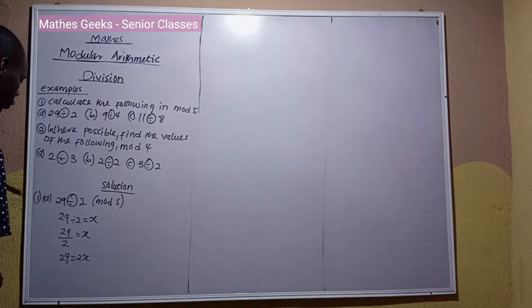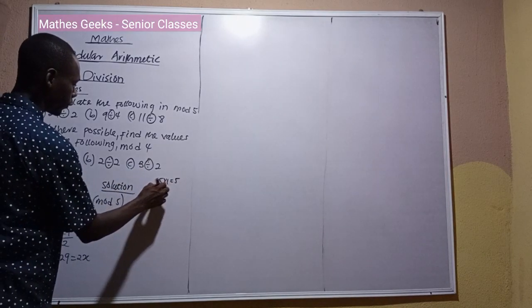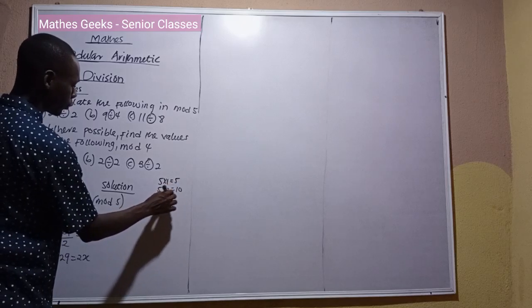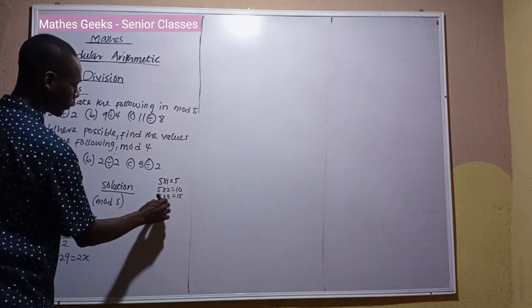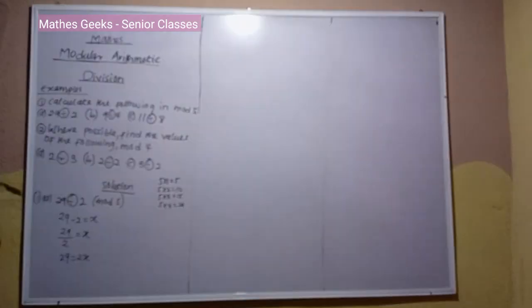Okay, so now we need a multiple of 5 that when added to 29 would make it divisible by 2. So let's see, multiples of 5: 5 times 1 equal to 5, 5 times 2, 10, 5 times 3, 15, 5 times 4, 20.